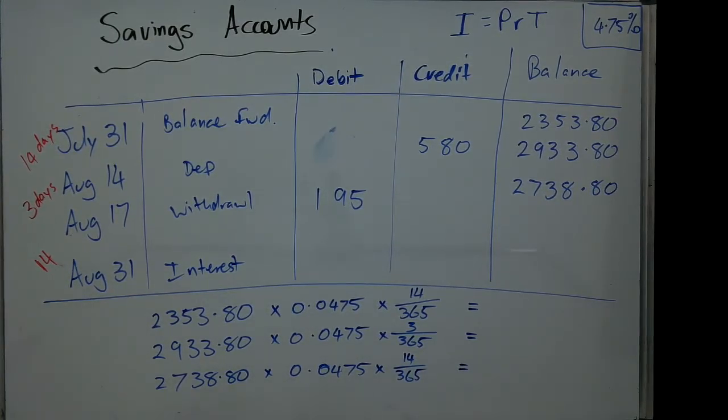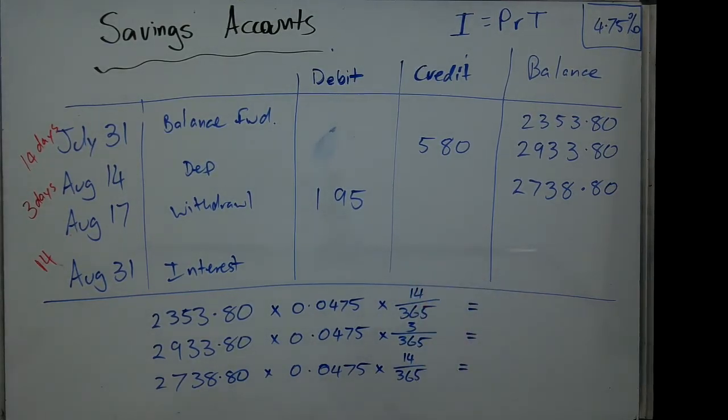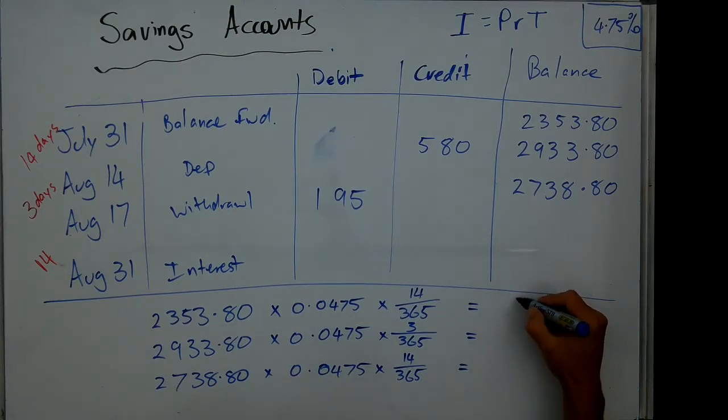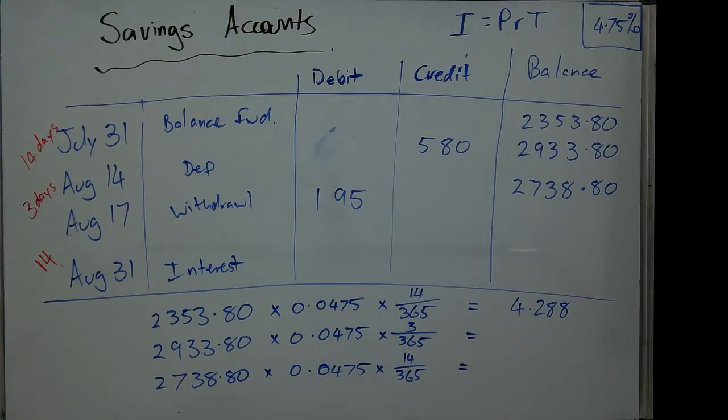Okay, so now I can calculate each of these separately, and then we'll find out how much interest gets added into the account. 2, 3, 5, 3, 5, 365. $4.08. I'm going to leave a third decimal place there so I don't lose anything in the rounding.